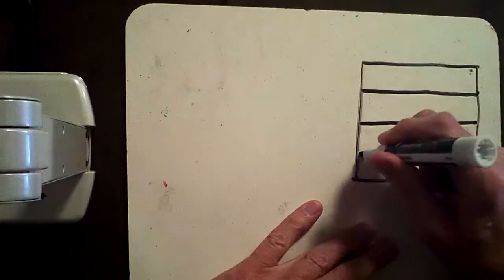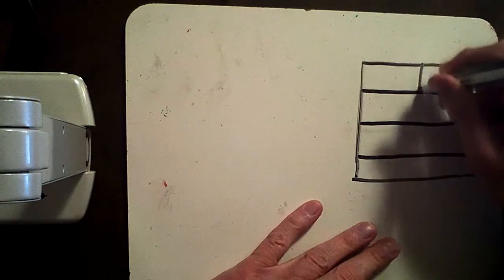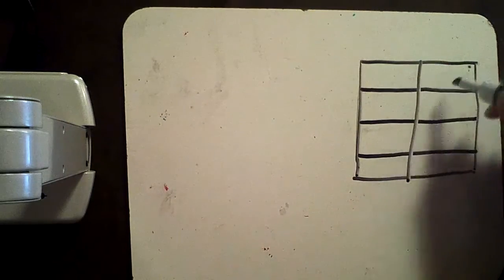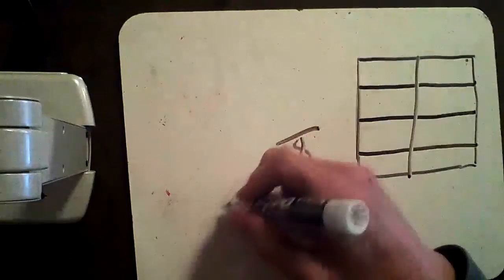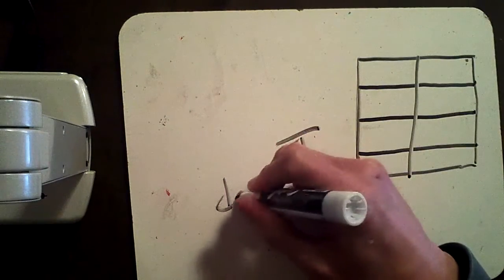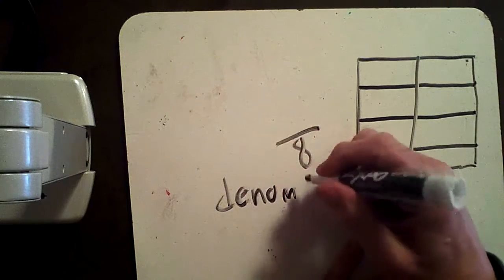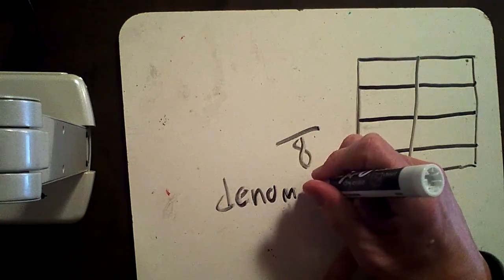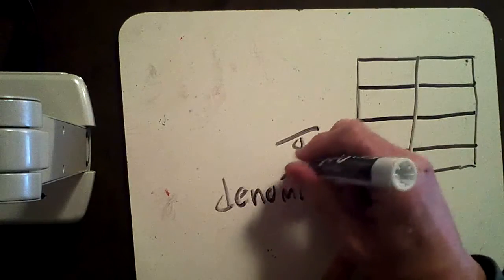Let's split that one right down the middle. Then we're going to go like this. Okay, so we've got 1, 2, 3, 4, 5, 6, 7, 8 parts. So our denominator, whatever our fraction is, we know it's going to be 8 because there's 8 parts in the whole. So our denominator is 8.